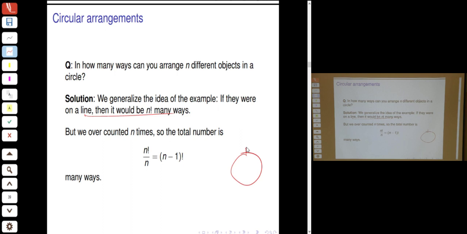In principle, you could just shift the objects in a clockwise direction one by one, and you will essentially get the same circular arrangement, and you have n such shifts. So the total number of ways you can arrange n different objects in a circle is n factorial divided by n, which is n minus 1 factorial. Okay?